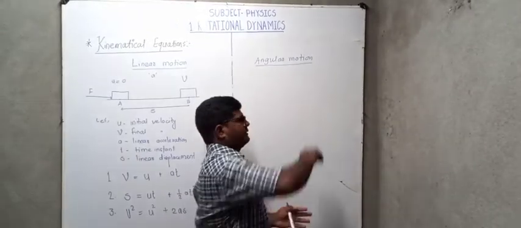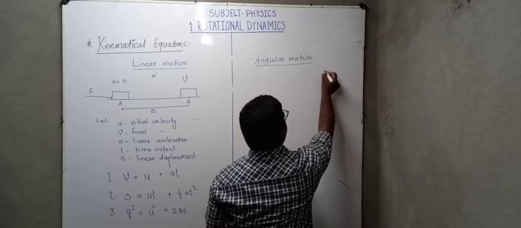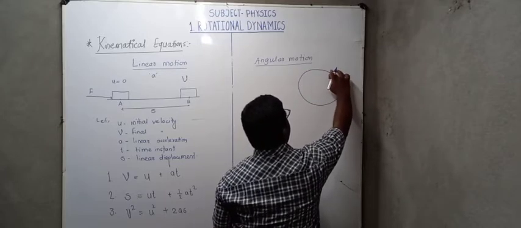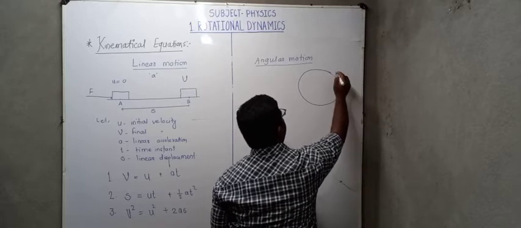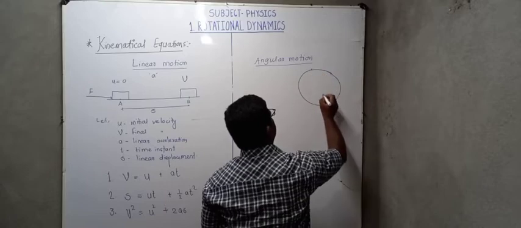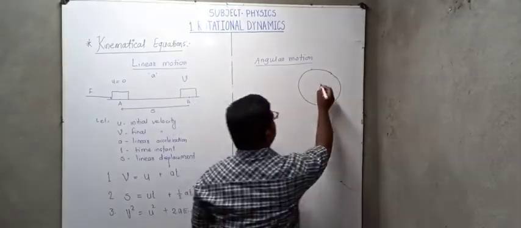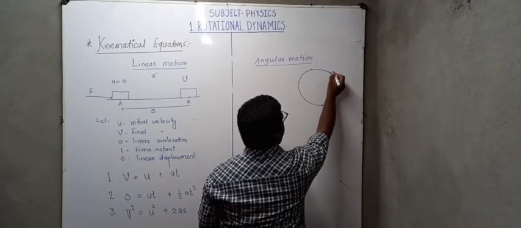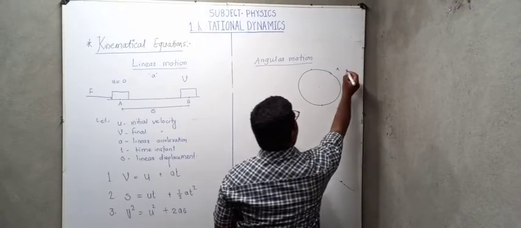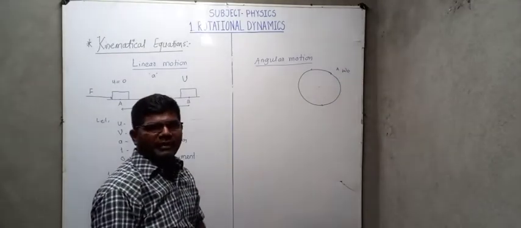Now, suppose this is a particle which performs angular motion or circular motion, and this will be the path. Initially the particle is at point A, where its initial angular velocity will be omega 0.